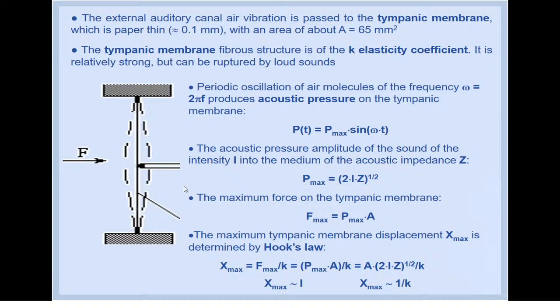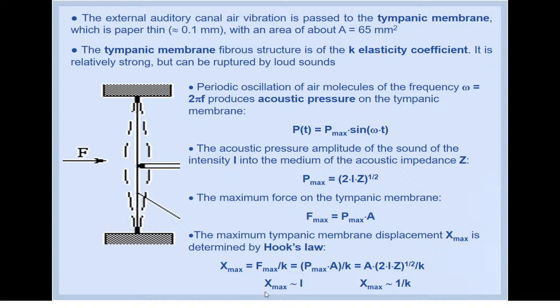When we talk about the tympanic membrane, this may be considered as an elastic object, and we can apply Hooke's law, and consequently we can say about the amplitude of the deflection, the amplitude of the deformation in our case of the tympanic membrane.